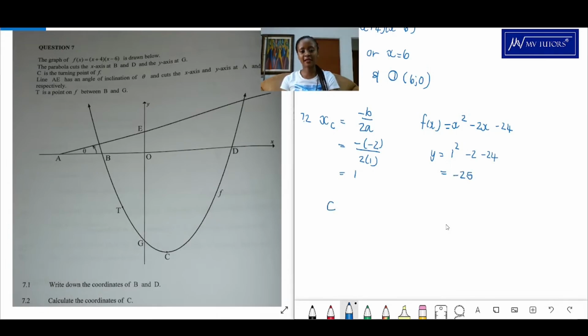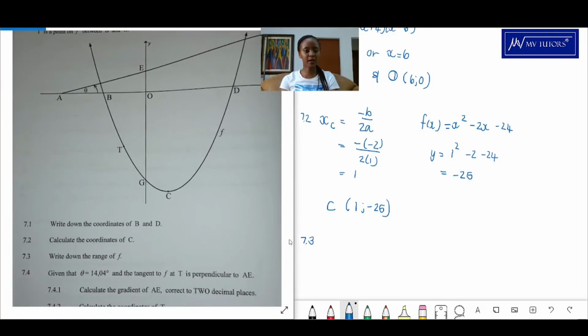So therefore I can say with confidence that C is (1; -25), and it should be negative. Remember, with a happy face parabola we have a minimum, and C is in the region where y is negative.